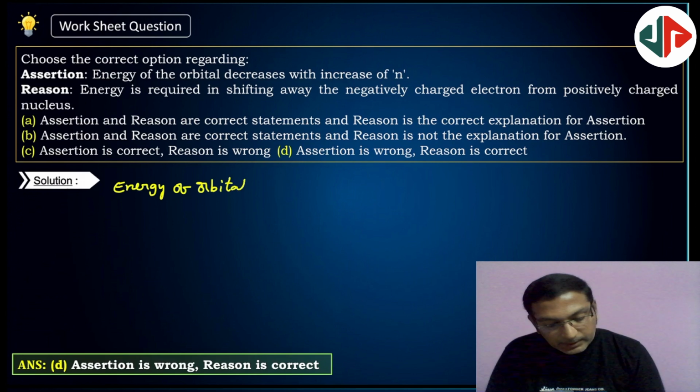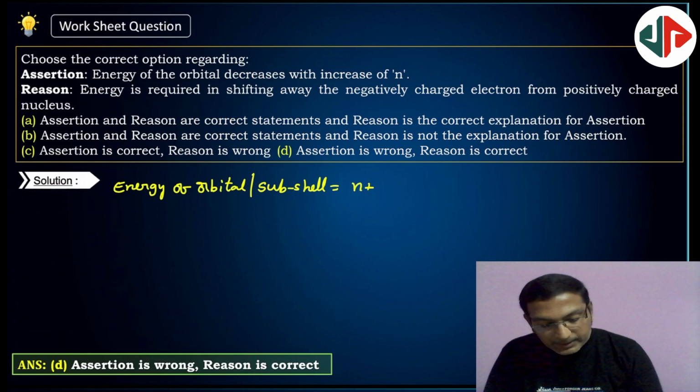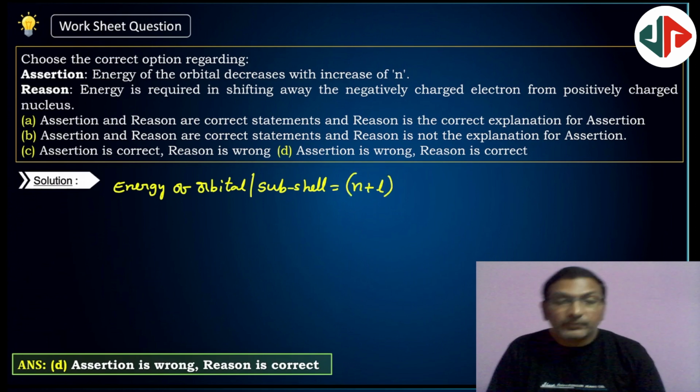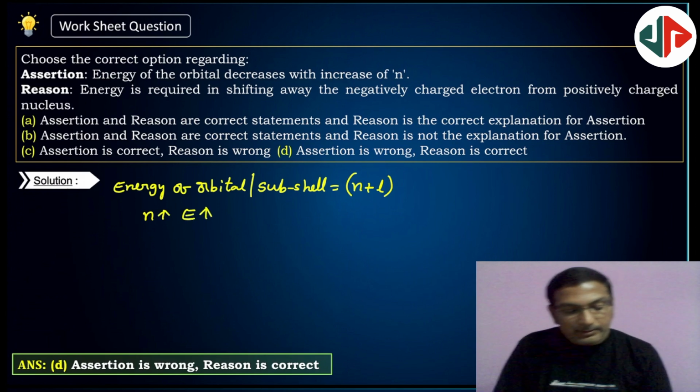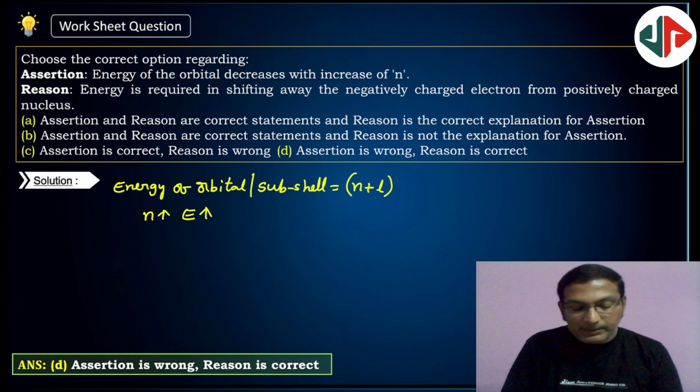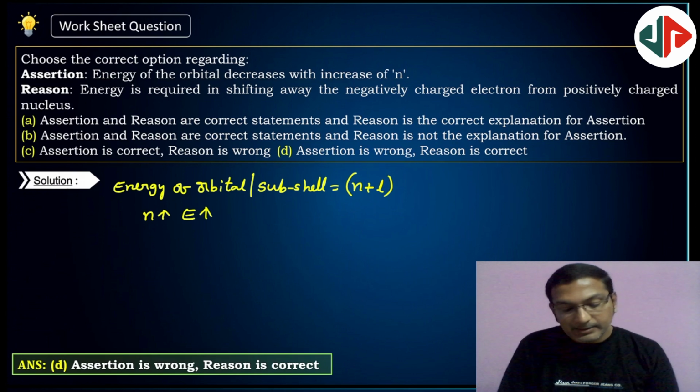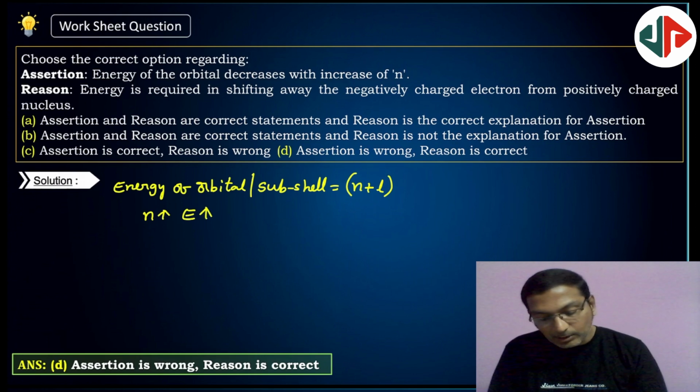Energy of orbital or subshell is given by n plus l. We know this. So as the n value increases, energy also increases. But here it is given that energy of orbital decreases with increase of n. Therefore, the assertion is wrong.